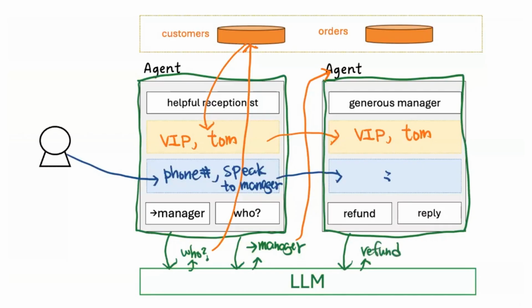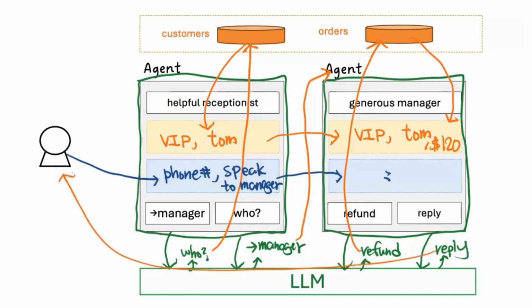When it refunds, it goes to our orders database, not this color, the orders database this time, and the orders database is going to return something, okay, well, I'm refunding you $120. That's the product you bought last time. Then we send it to the large language model, and it says, oh, I have everything I need. It's refunded, $120. I think we are ready to reply to our customer, and then they complete this transaction with the user with the multi-agent system.